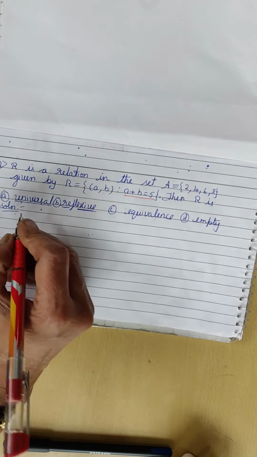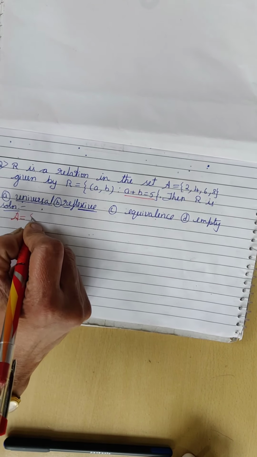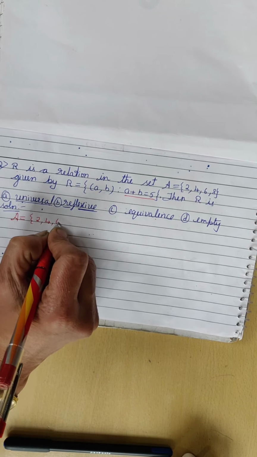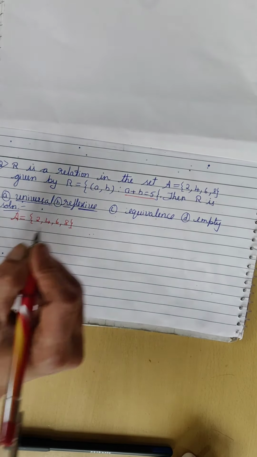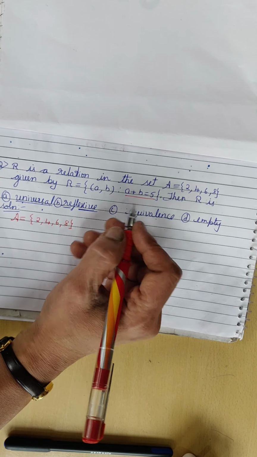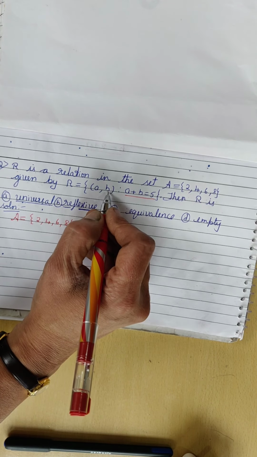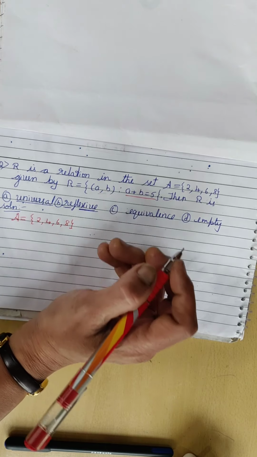We have A equal to {2, 4, 6, 8}. Now we have the relation R = {(a, b) such that a plus b is equal to 5}.